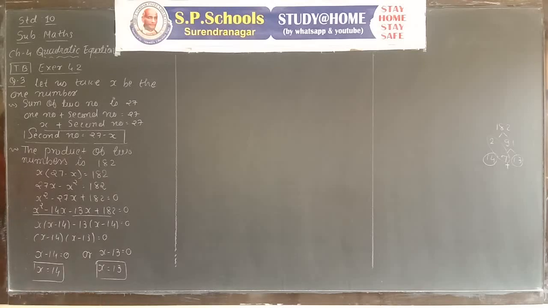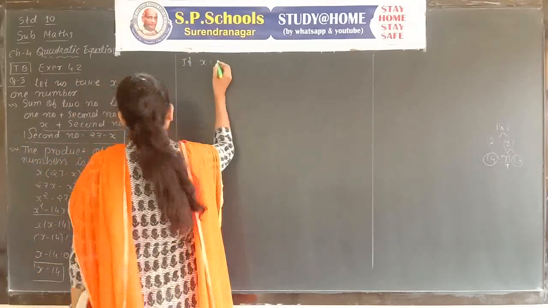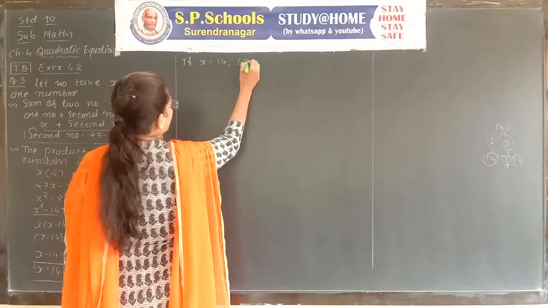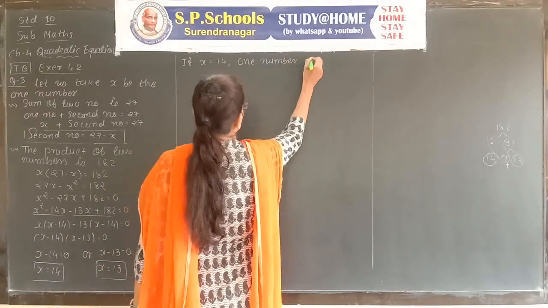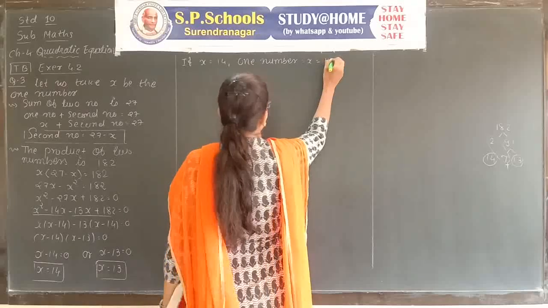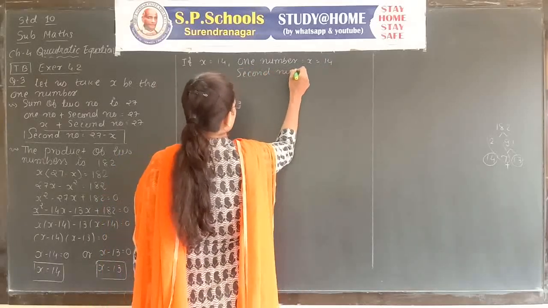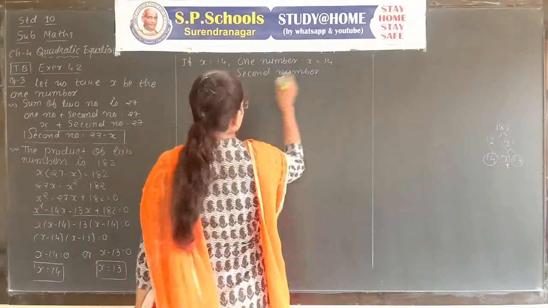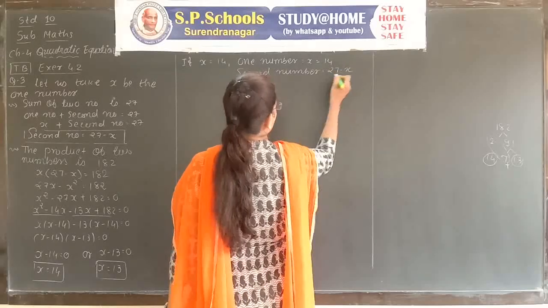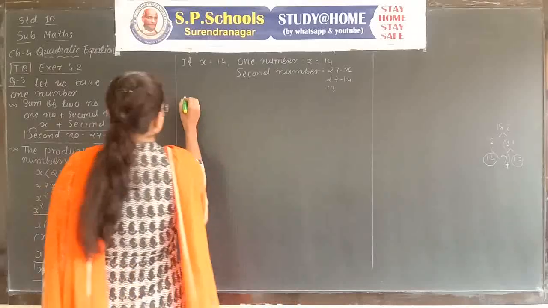Two values of x are obtained, so the pair of two numbers is also obtained. If the value of x is 14, then one number is x equals 14 itself and the second number is 27 minus x, 27 minus 14 equals 13.